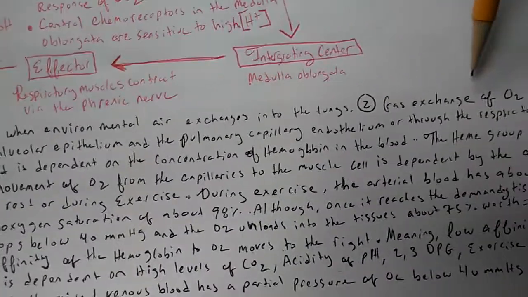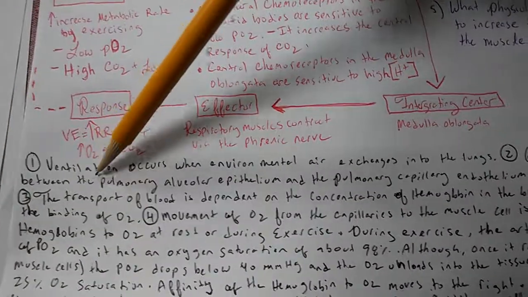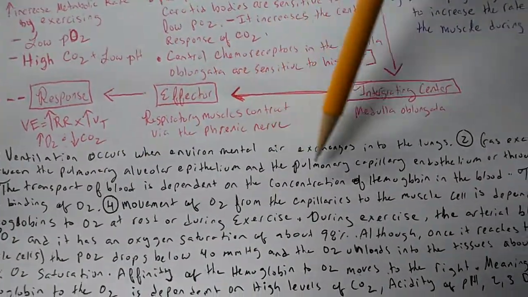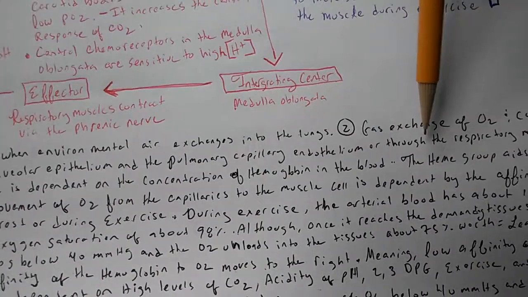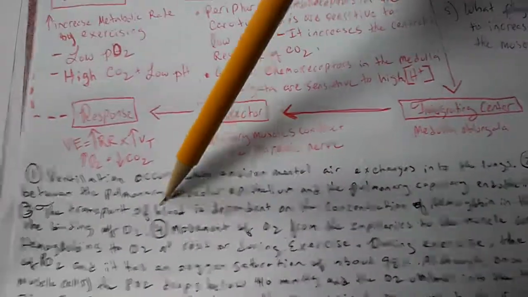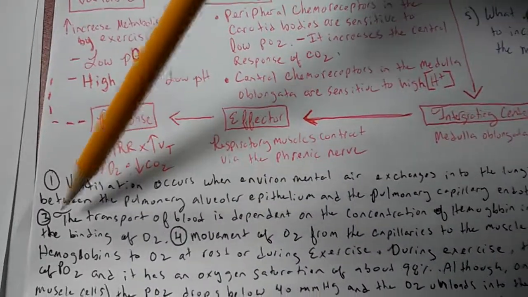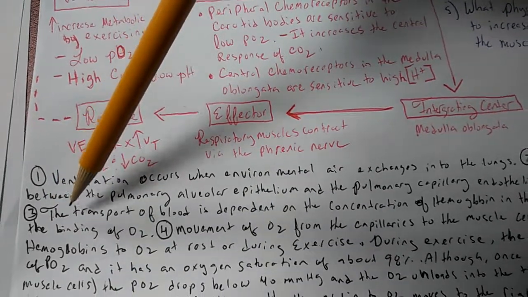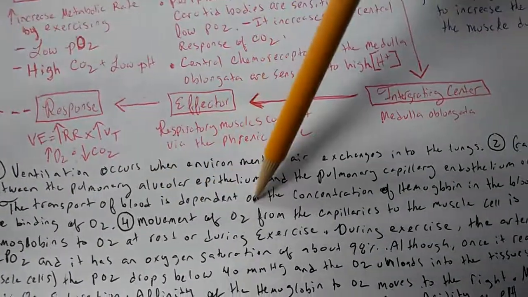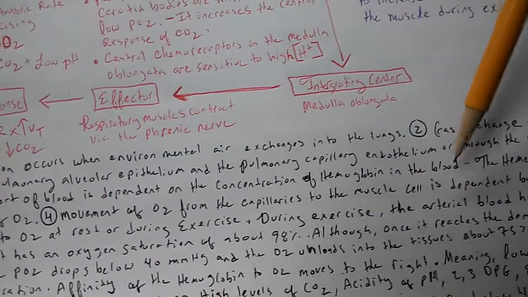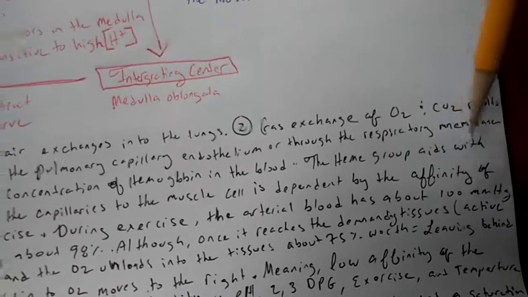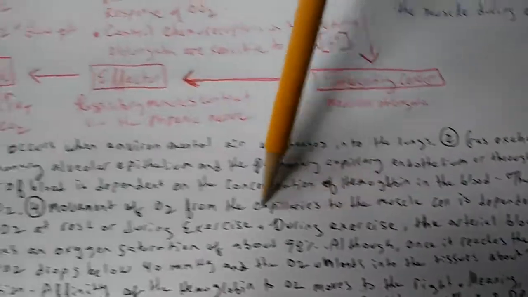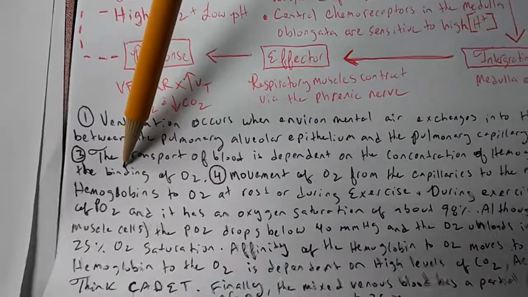Number 2: gas exchange of O2 between the pulmonary alveolar epithelium and the pulmonary capillary endothelium, or through the respiratory membrane. That's just another way of saying through the gas exchange. Number 3: the transport in blood is dependent on the concentration of hemoglobin in the blood. The heme group basically aids with the binding of oxygen.